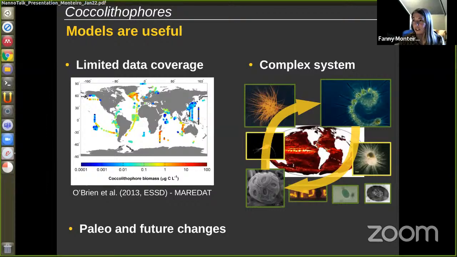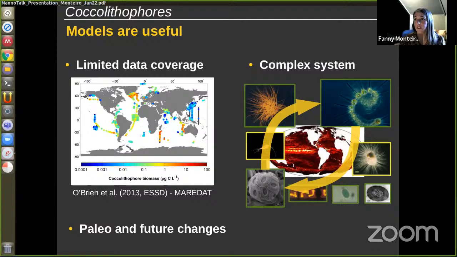Models can be very useful. In particular, they are useful to fill the gaps of limited data. This is the observations compilation by O'Brien et al. 2013 of the coccolithophore biomass. You see that we have good coverage for the North Atlantic, along the AMT, the Atlantic Meridional Transect here, and south of Japan. There are big parts of the Pacific Ocean, Southern Ocean, South Atlantic, and South Indian where we have very few data.